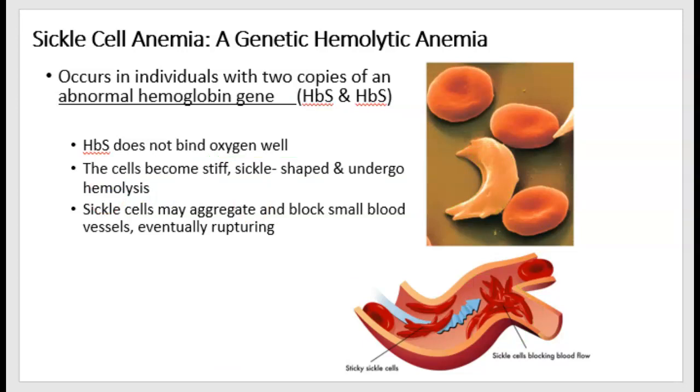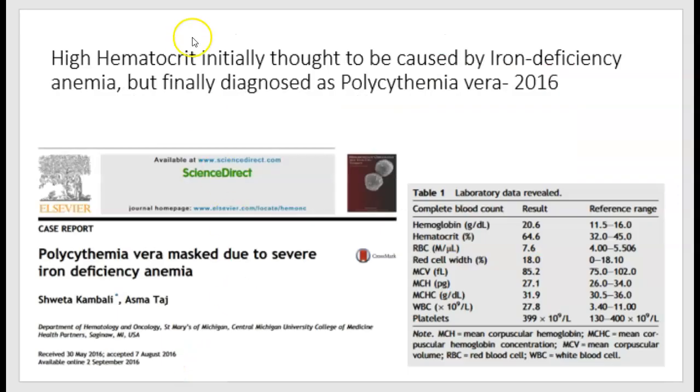Here's an example I wanted to show you about the complicated diagnosis when somebody has a high hematocrit. This paper reports a case from 2016 where a patient had high hemoglobin, high hematocrit, right?